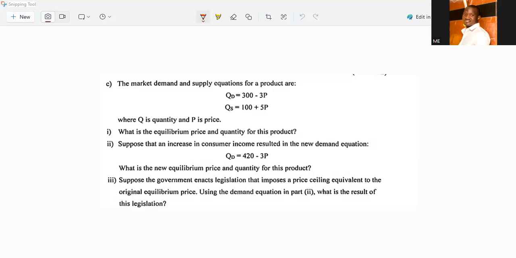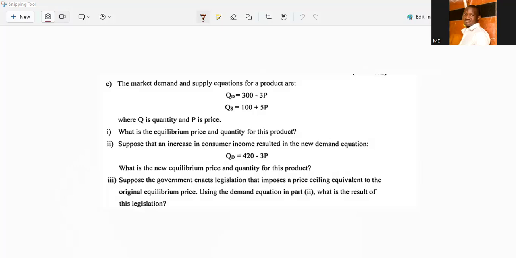So to find the equilibrium price and quantity, we simply do what? We'll follow the rules. Okay, we'll quickly do this and I'll give you homework to do at your own time.